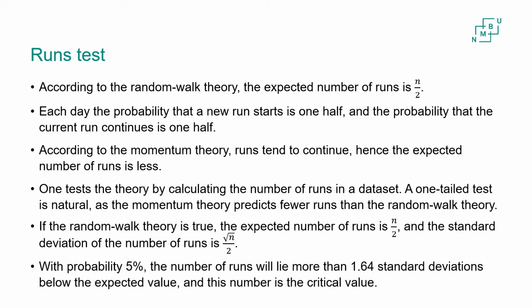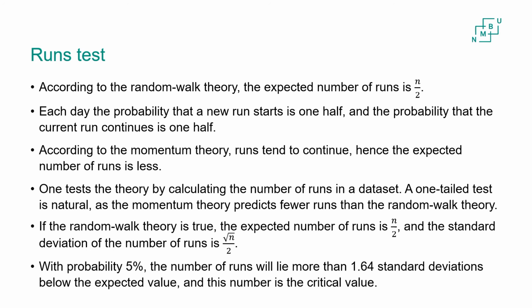So if we look at the hypothesis that our number of runs is fewer because we have this momentum, then we can test the number of runs that we found with the expected number of runs and the confidence interval in one direction from this number.